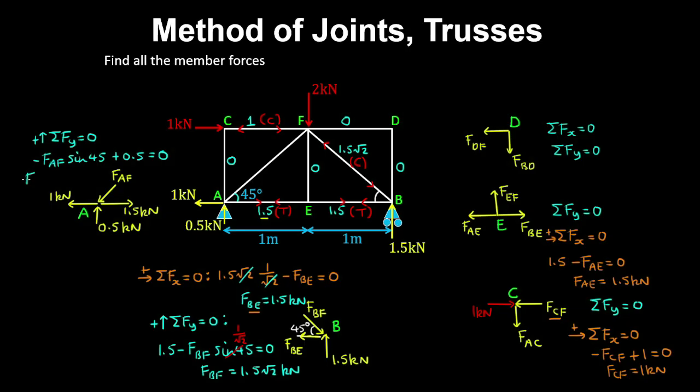So therefore if you solve for this force, we get FAF is 0.5 root 2 kilonewtons, where sine 45 degrees is 1 on root 2. And we'll write this force over here. And because the force is going into joint A, this member is in compression. So try to visualize how this truss would deform, and the compression and tension will make more sense.